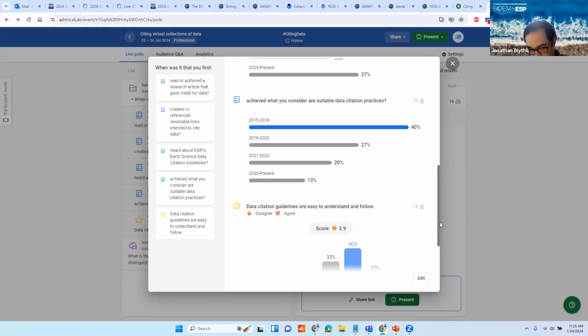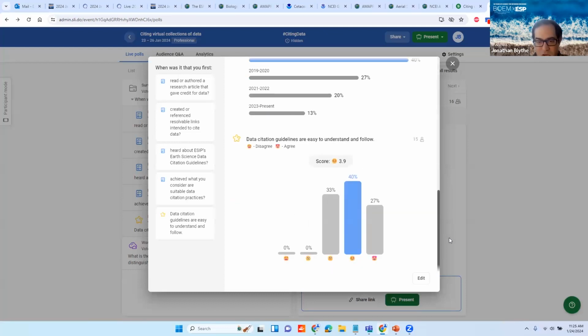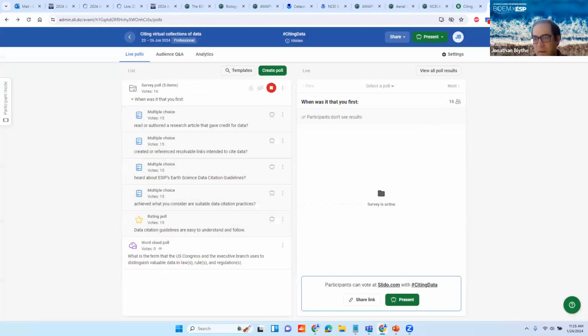But there are a few people who still, just recently, 2023, are starting to achieve this. And in general, people are pretty happy with the guidelines and how easy they are to follow. There are no unhappy faces. That's very encouraging. All right, so let's move on with the presentation.